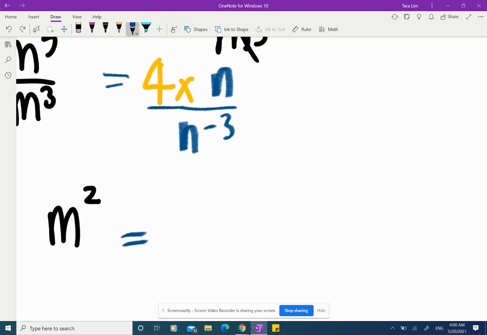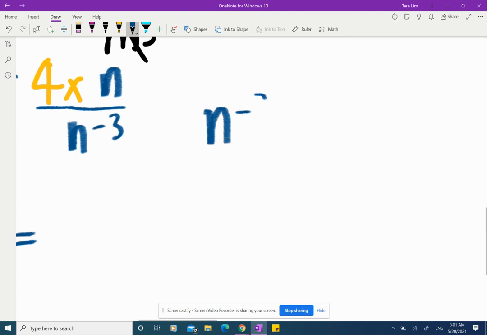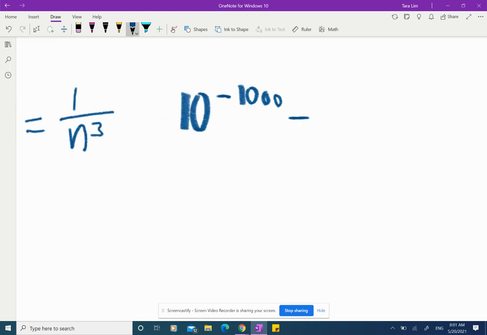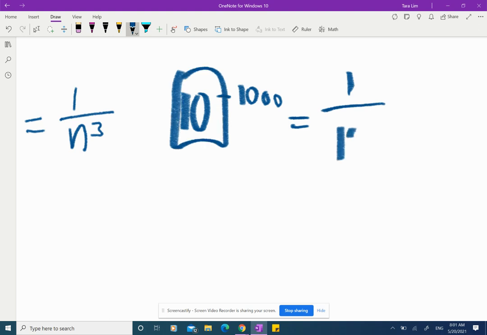And now, first of all, we want to solve for n to the power negative 3. So what is n to the power negative 3? n to the power negative 3 is the same as 1 over n to the power 3. For example, if I have 10 to the power negative 1000, it's always going to be equal to 1 over 10 to the power 1000.